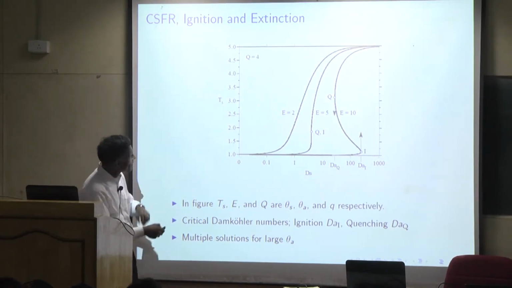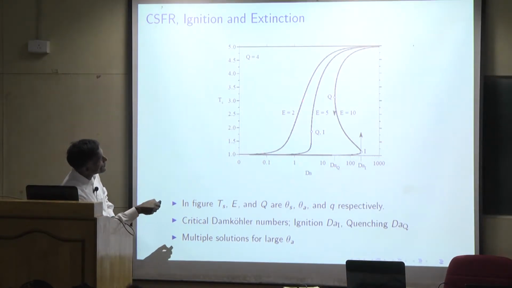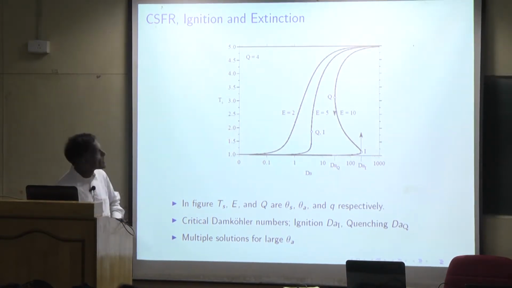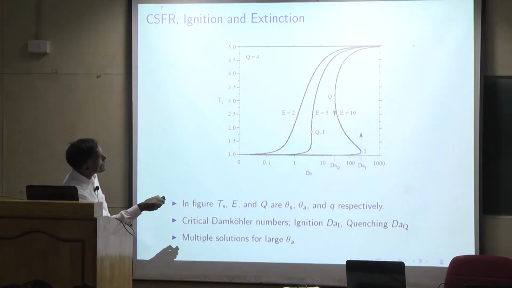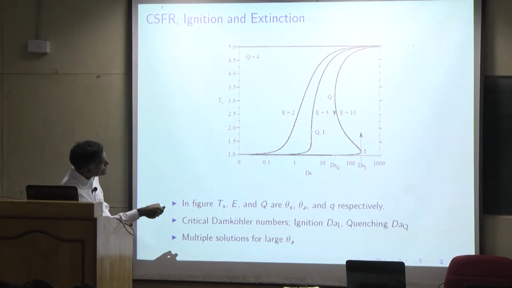However, you notice that when the activation energy is 2, we do not have ignition or extinction. It just continuously increases. And when E is 5, it has a point of inflection. Both the ignition and extinction points coincide, and therefore you have a point of inflection where the second derivative of Ts versus the Damköhler number is 0. So here the ignition and extinction have merged.